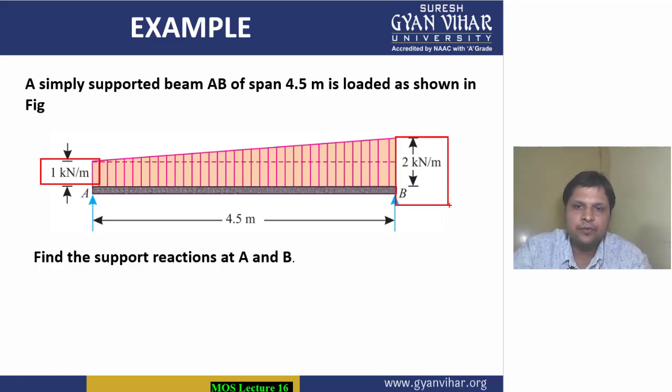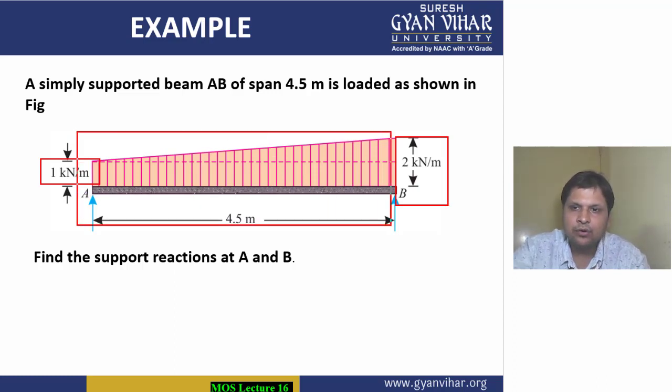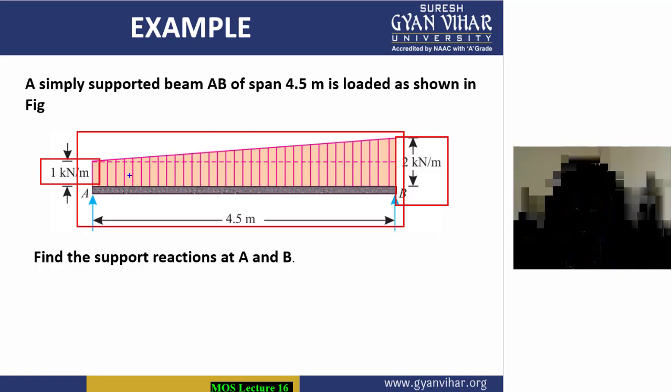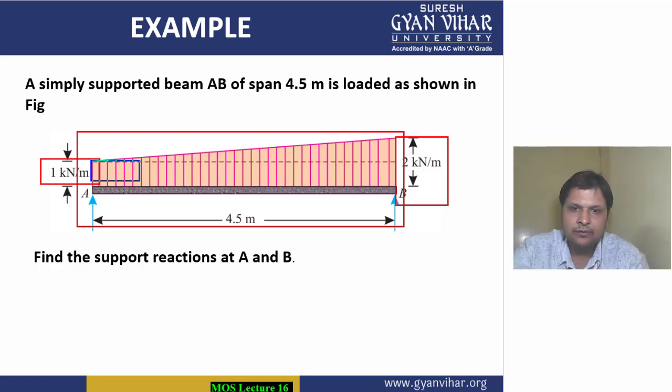So in such cases what we will do, this whole uniformly varying load will be divided into two parts. One will be considered as uniformly distributed load whose value is the same from here to here, 1 kilonewton per meter, and apart from it the other we will consider as UVL.